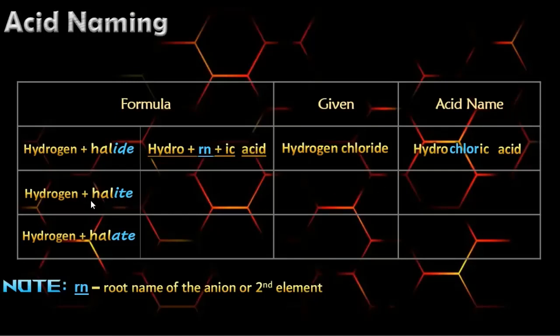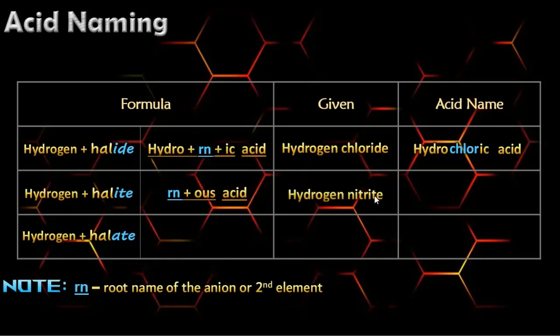Hydrogen plus halide. This time, our anion ends with ITE. The formula would be the root name. There's no hydro for an anion that ends with ITE. The formula is only the root name plus OUS. Then, again, the second word of the acid name is always acid. Let's have an example.